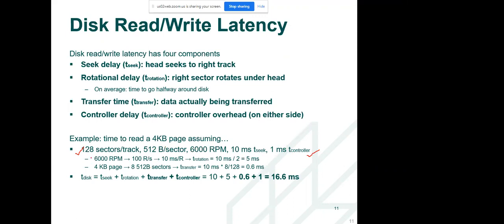So you have just resolved that with 6000 RPM, one rotation is 10 milliseconds, and the average rotational delay is 10 divided by 2, which is 5. If one rotation takes 10, then divide by 2. Why 2?